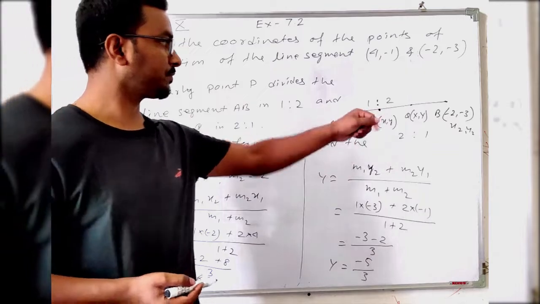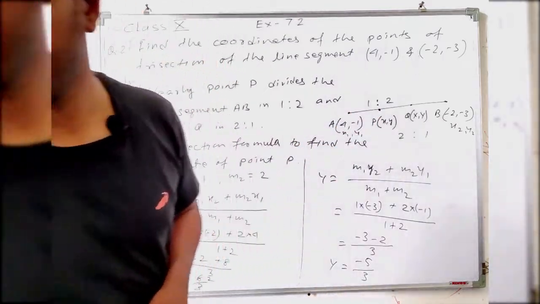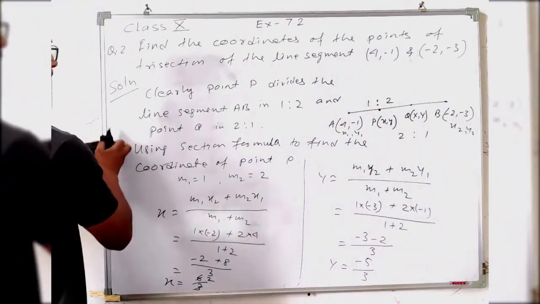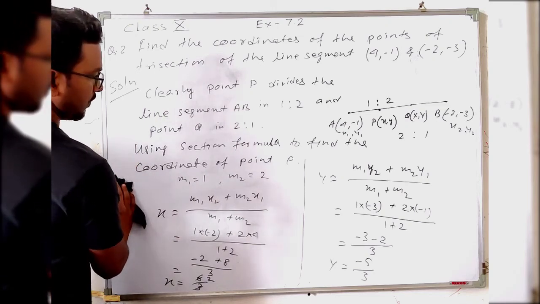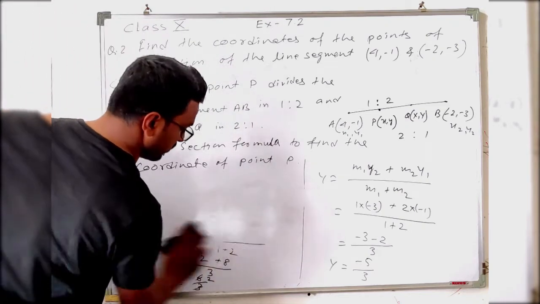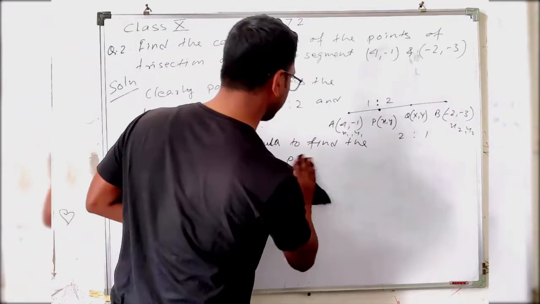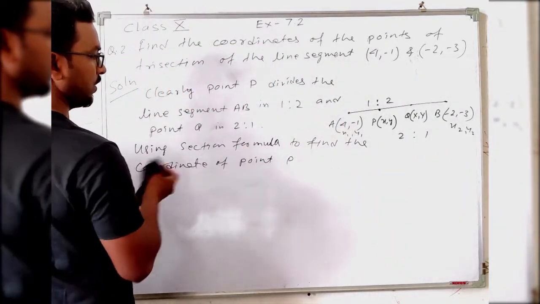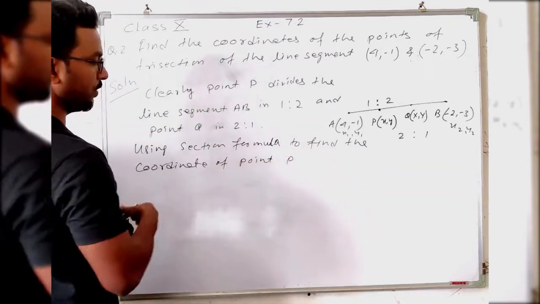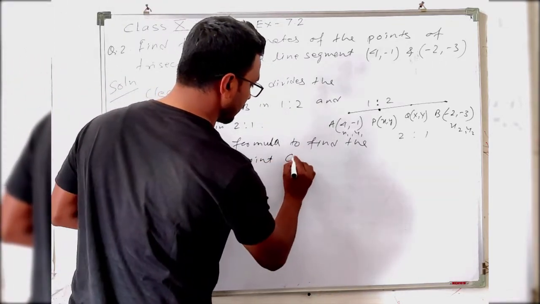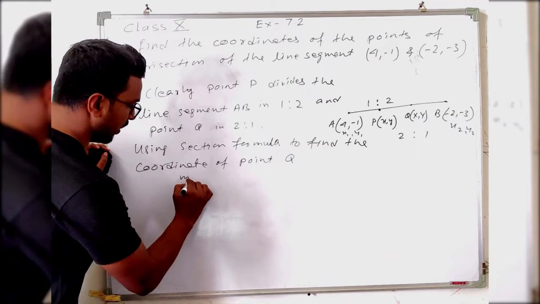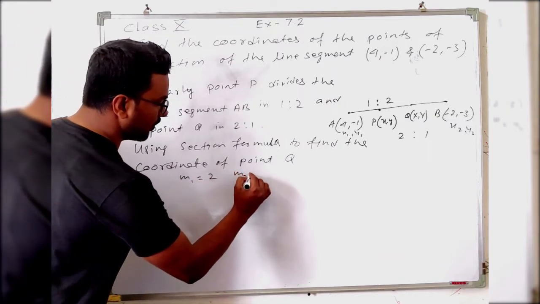Next we will find point Q, using the section formula to find the coordinate of the point Q. So here m1 will become 2 and m2 will become 1.